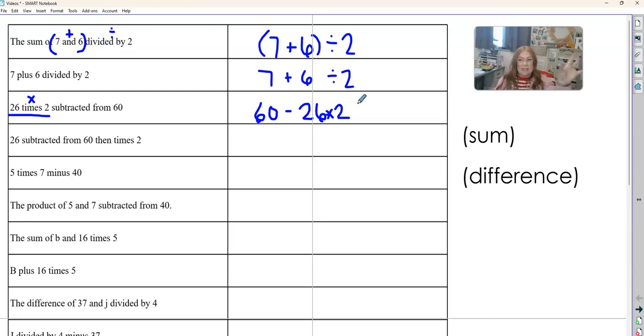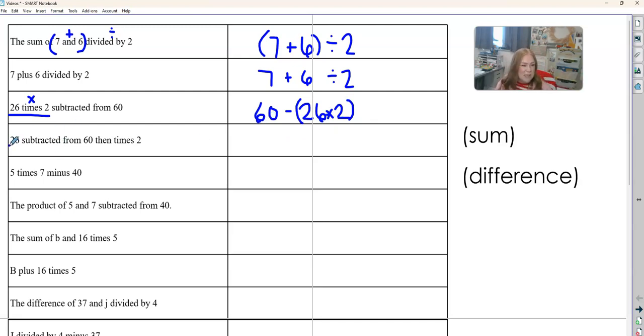That's got to go in the front. It doesn't say minus 60. It says take this. So we would do this first, which order of operations would make us do anyway. But I can put parentheses just to help visualize what I'm doing. So I do this, then I take that away from 60.